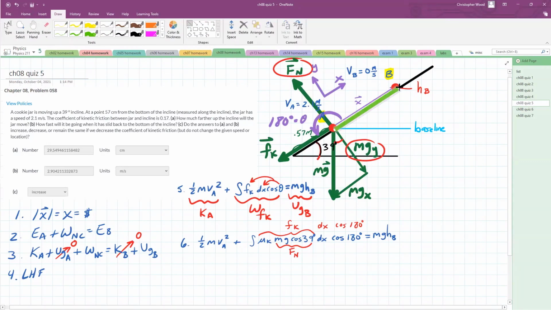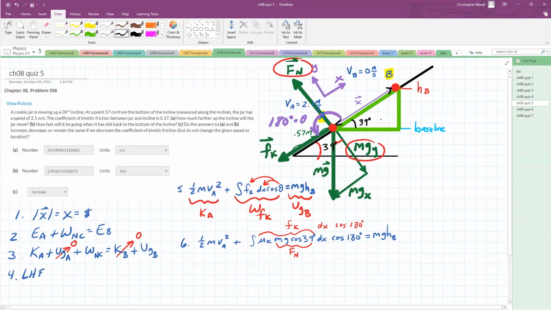This is HB, the base of that. I'm just drawing this triangle to make it really easy to see what H sub B equals. This is still going to be my 39 degree angle. So I can see that pretty easily. That's 39 degrees. This is X right here.